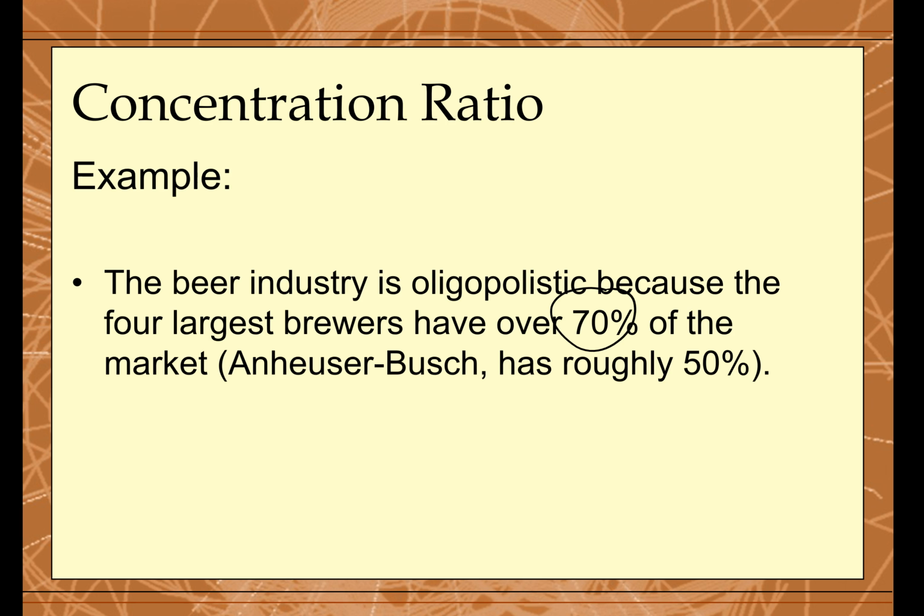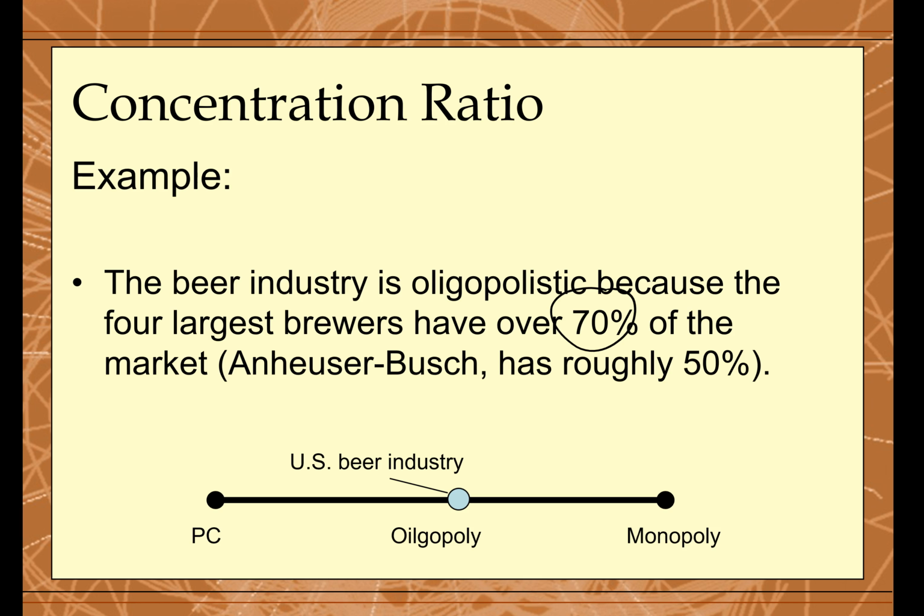If you have a concentration ratio of 70% or greater, your industry is in oligopolistic territory. So I would place the beer industry somewhere right about there. They're broadly defined. I'd place their industry there, and that gives you roughly an 85% concentration ratio.